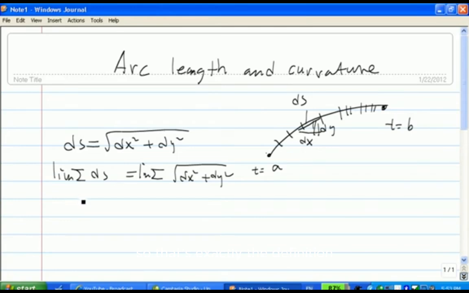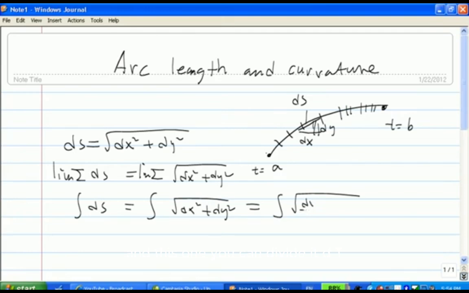So that's exactly the definition of the integral. Okay, ds is the square root of dx squared plus dy squared, and this one you can divide by dt, so (dx/dt) squared plus (dy/dt) squared. Since you divided by dt squared, you have to multiply that out of the square root, which gives you dt.